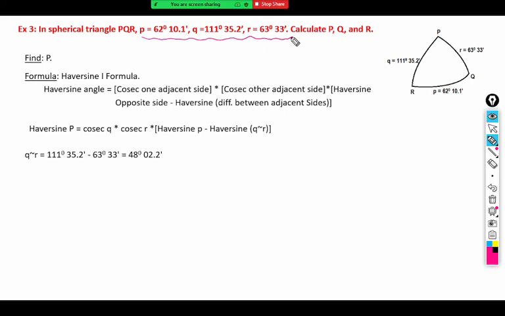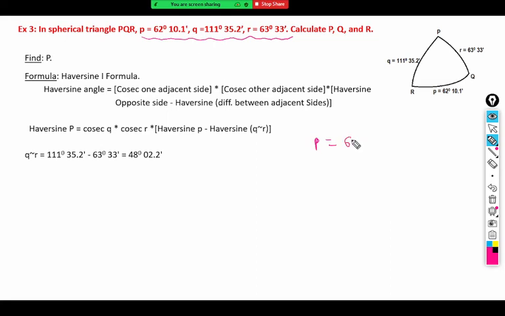For example, small p will become, if you use a calculator, 62 degree. Now what is the problem? If you want to use a calculator, you have to convert 0.1 minute.